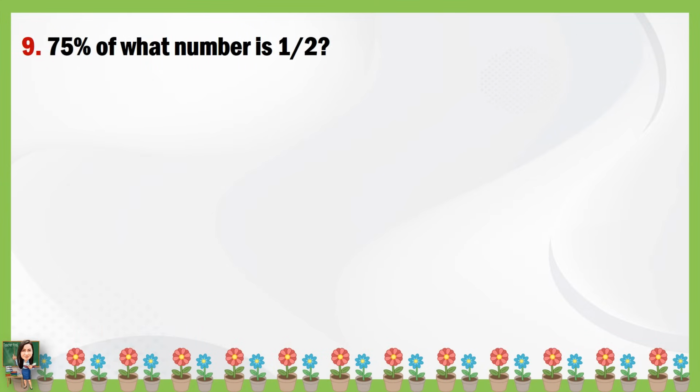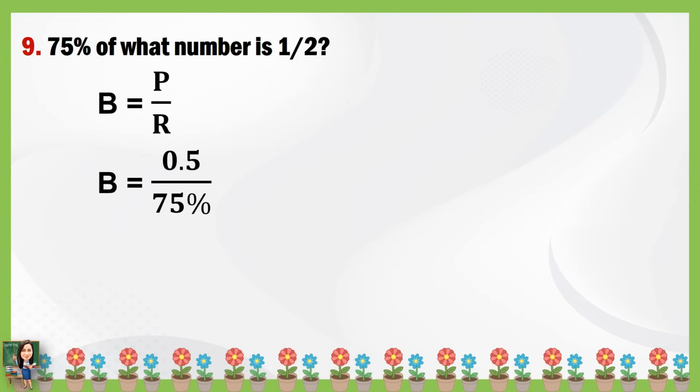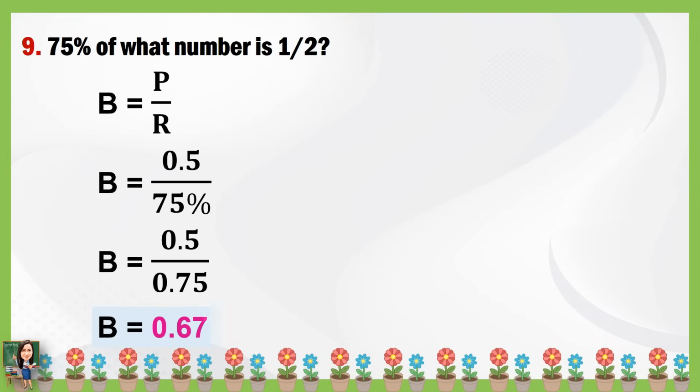Number 9. 75% of what number is 1/2? Use this formula. So 1/2 is 5/10 divided by 75%. In decimal, 75% is 75 hundredths. So 5/10 divided by 75 hundredths equals 67 hundredths. The base is 67 hundredths.